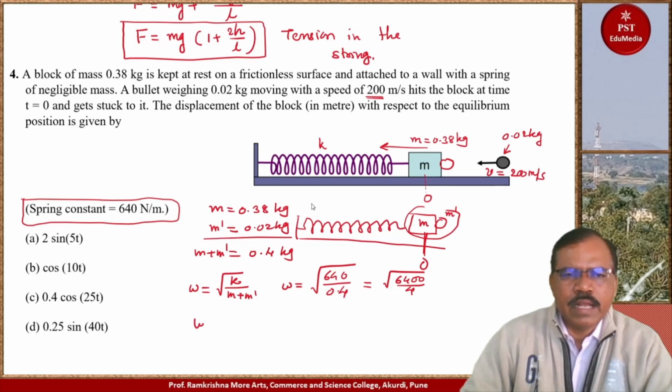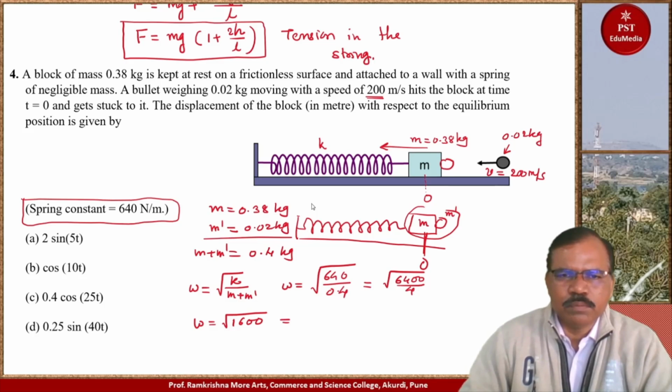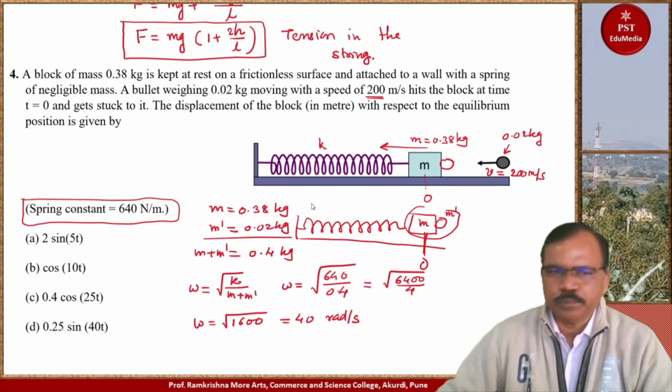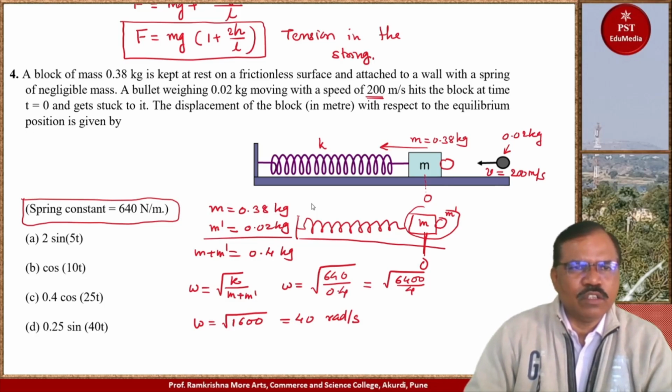So omega is equal to under root 1600. Now the square root of 1600 is 40 radians per second. We got this. But we have to find the equation of motion. What is the equation of motion? X is equal to A sin omega t plus phi.